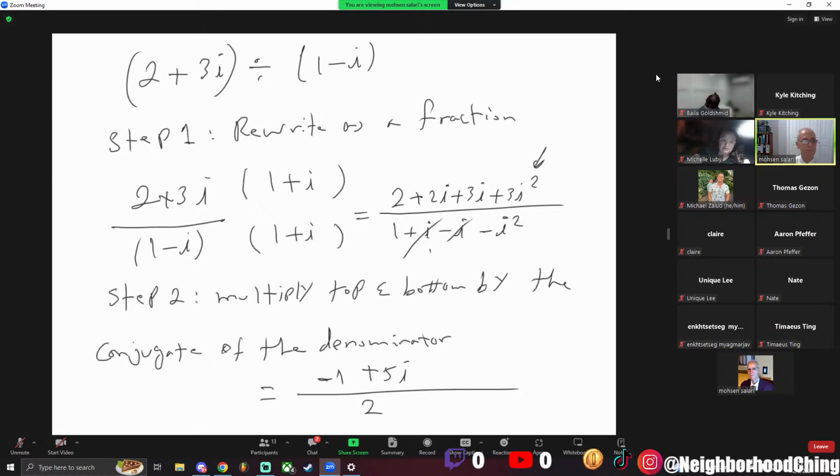Would you be willing to run through number 13 from the 3.4, 3.5 homework? Number 13. Yeah, that's actually a good question.